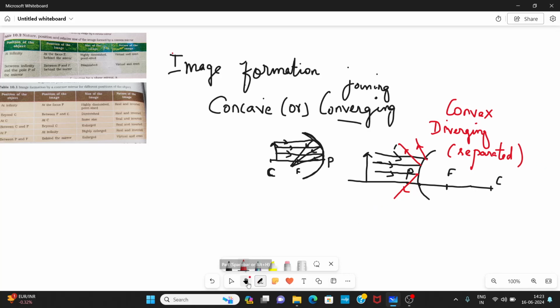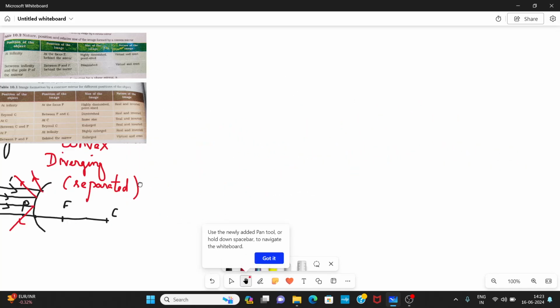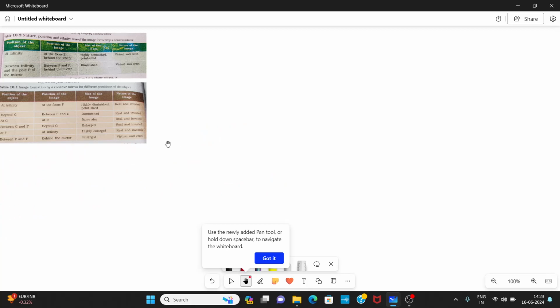Now let us see how the image formation is by both of the mirrors. First let us talk about the concave mirror. As I have told you, concave mirror is the converging mirror.